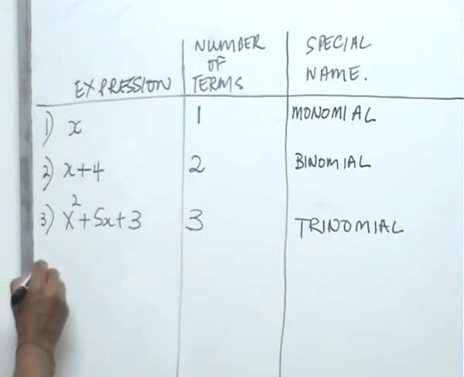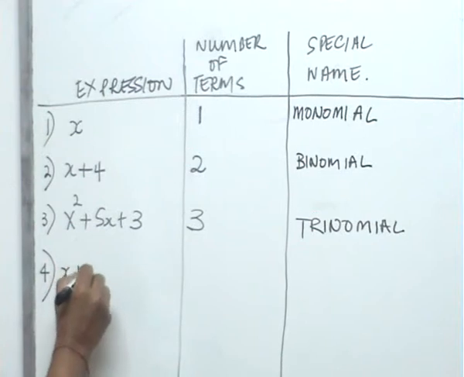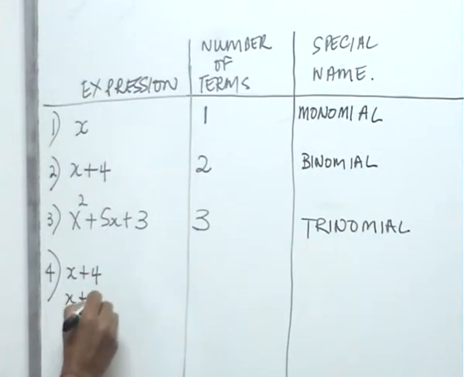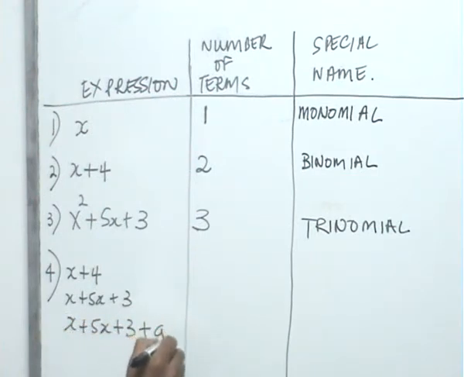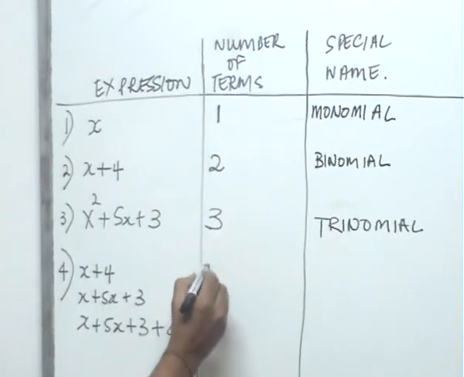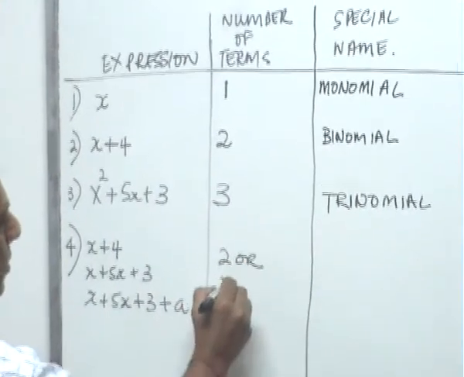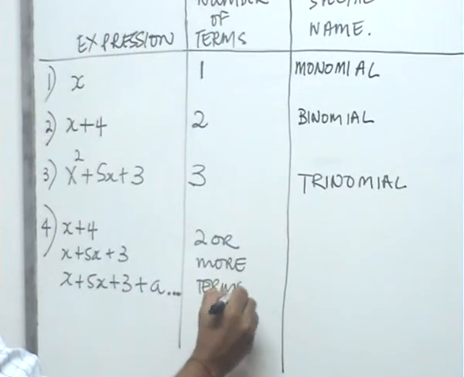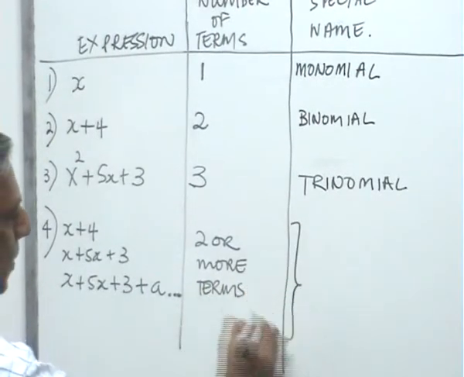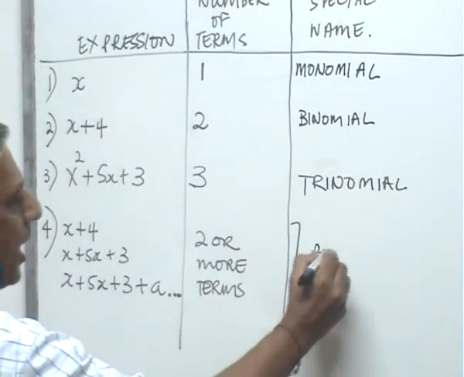Now, if it's got 2 terms or 3 terms or more than 3 terms, in other words, 2 or more terms, all of these together are called a polynomial.